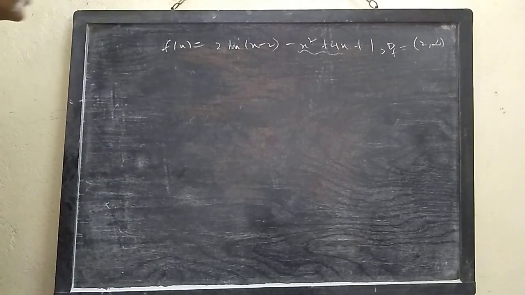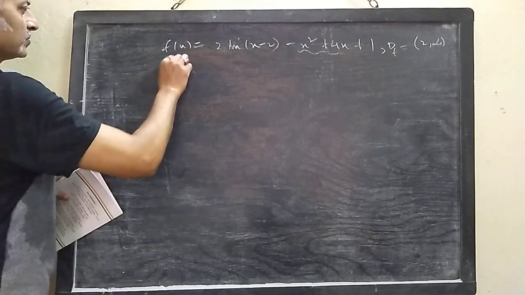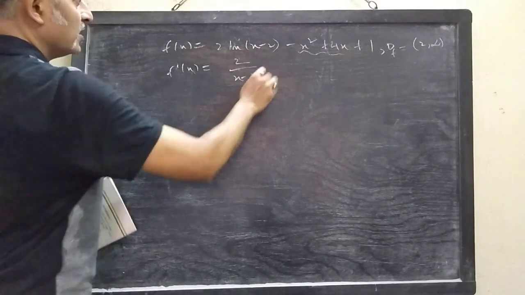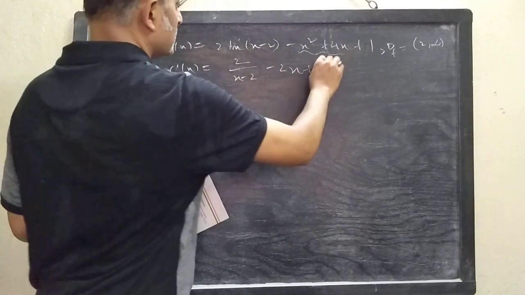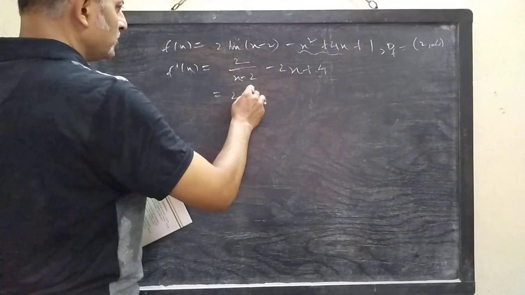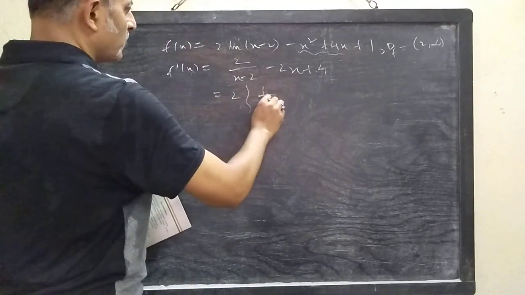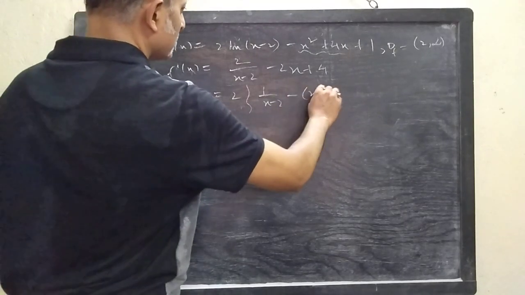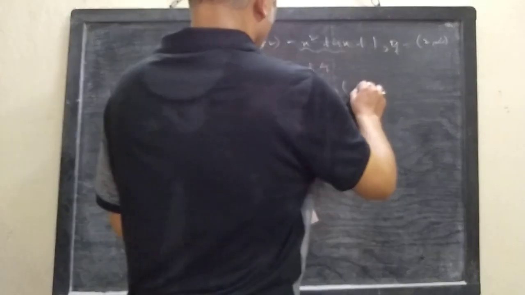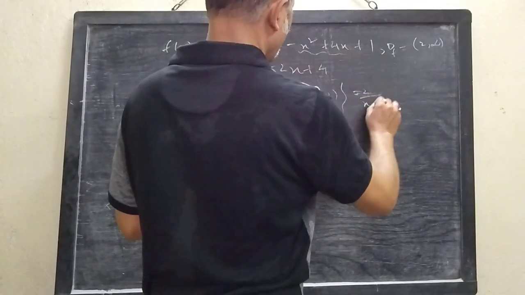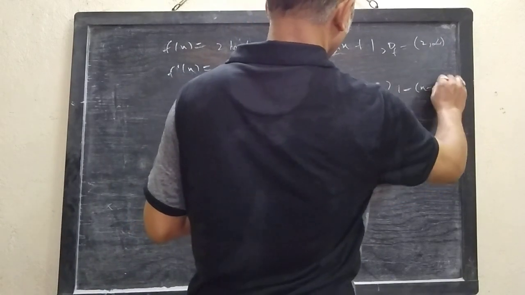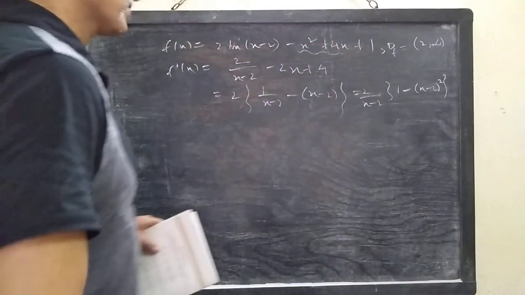Now find f dash x. f dash x will be 2 by x minus 2, then minus 2x, then plus 4. Take 2 common, you get 1 by x minus 2 minus, here it becomes x minus 2. 2 by x minus 2 common, it will give you 1 minus (x minus 2) whole square.